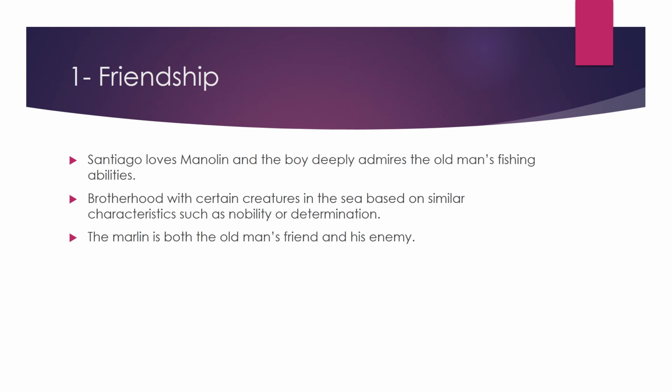But the old man treats that fish in a very friendly way, like a friend. He deals with that fish like a human, so we see personification here in the novel. So the center here is friendship.